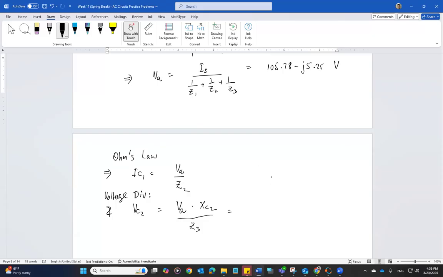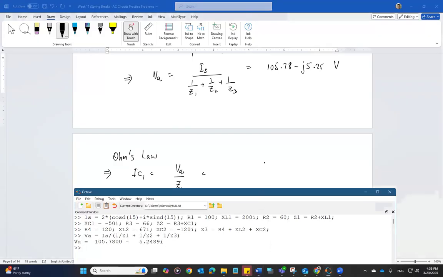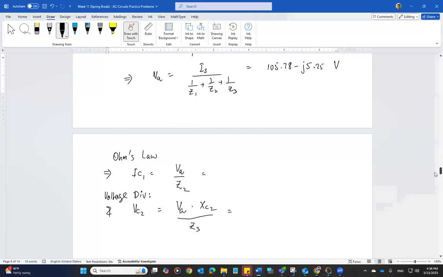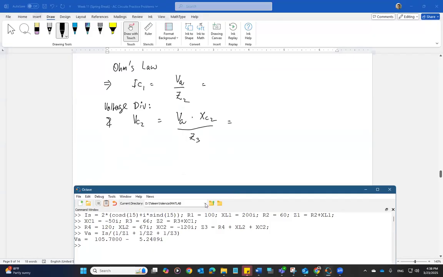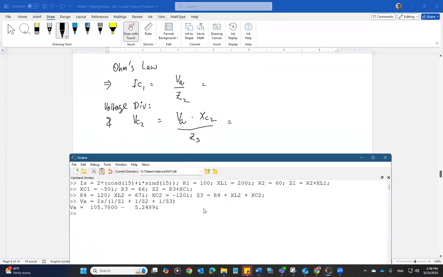So let's go ahead and calculate these two quantities, and these are our final answers. We're going to represent these two quantities in polar form. Okay, so IC1 is VA over Z2.